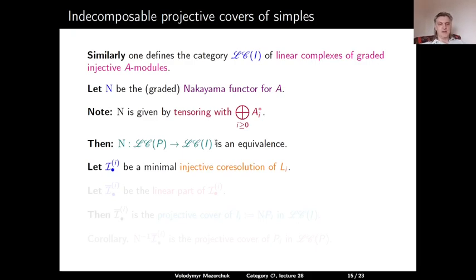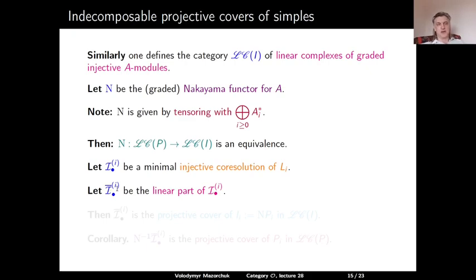So similarly to linear complexes of projective modules, in the linear complexes of injective modules, we can consider the minimal injective co-resolution of Li and take its linear part, denoted by the overline.